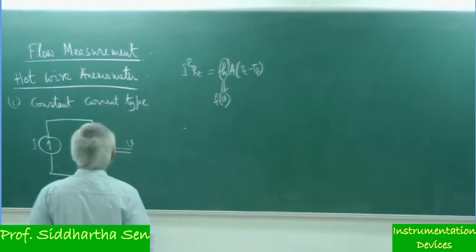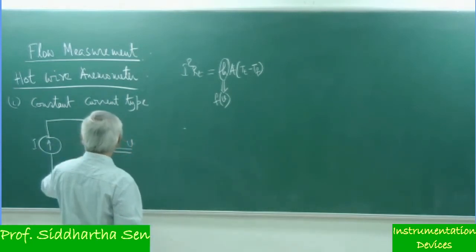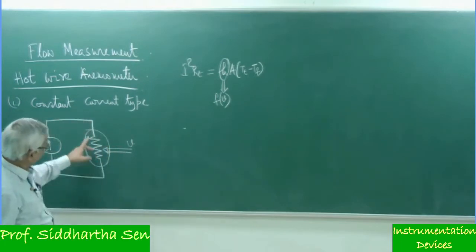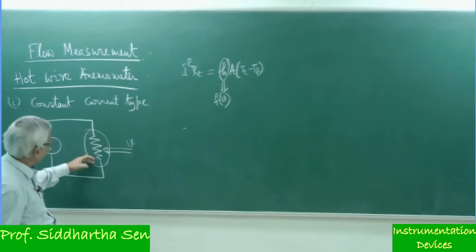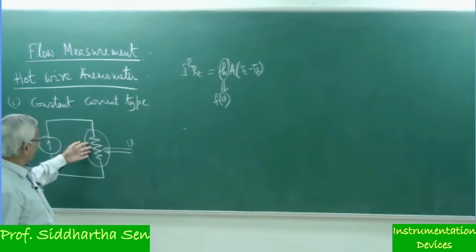So what will happen if the velocity increases? There would be more heat dissipation, and as a result the temperature of the filament, or the sensor, will decrease. As the temperature decreases, its resistance will also decrease, because it's a metallic filament.